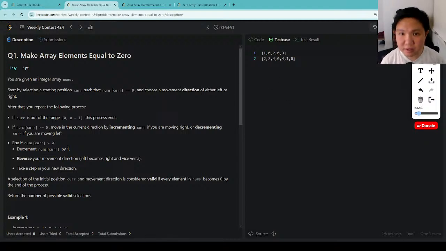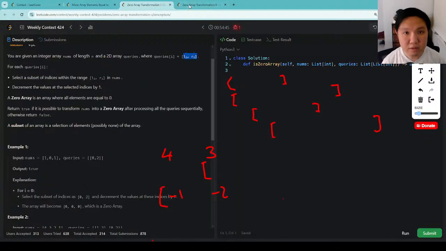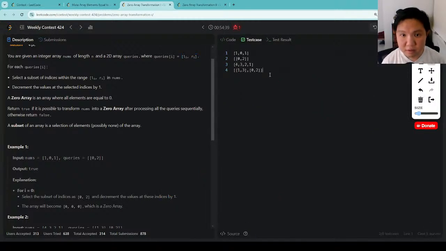So for instance, this test case is, let's say, 4, 3, 2, 1, right? So ignore this first. Just look at the queries. 1, 3.